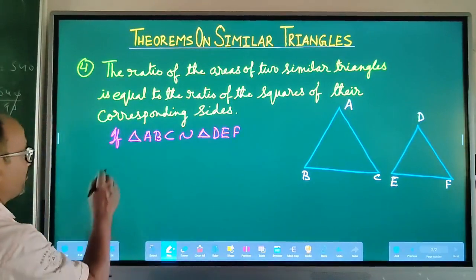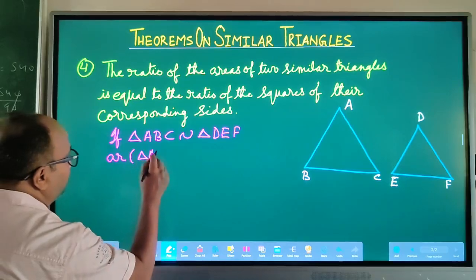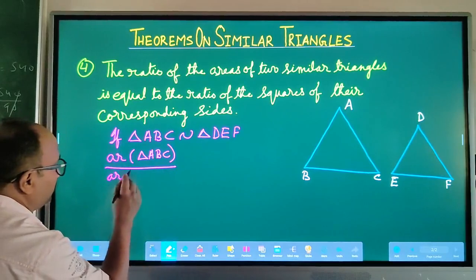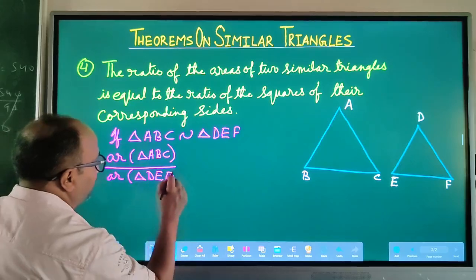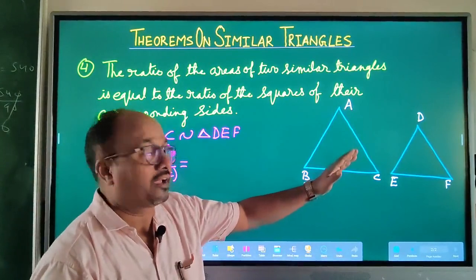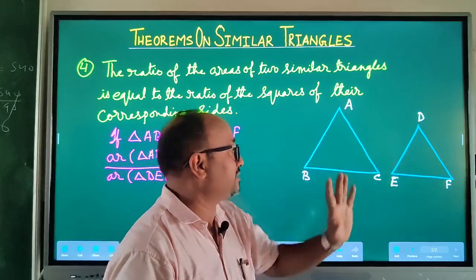So then it happens like this: area of triangle ABC by area of triangle DEF will be equal to, if I am taking of the first triangle AB, the corresponding side is DE.